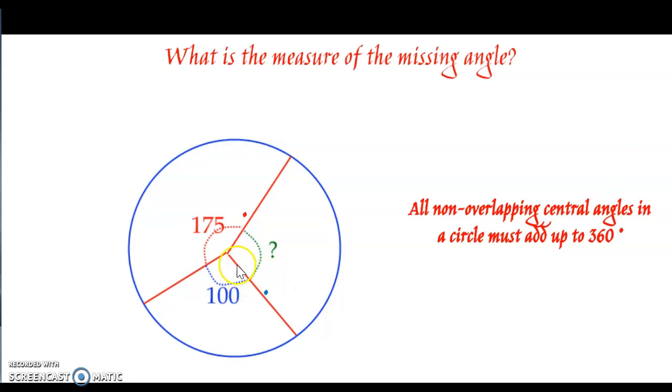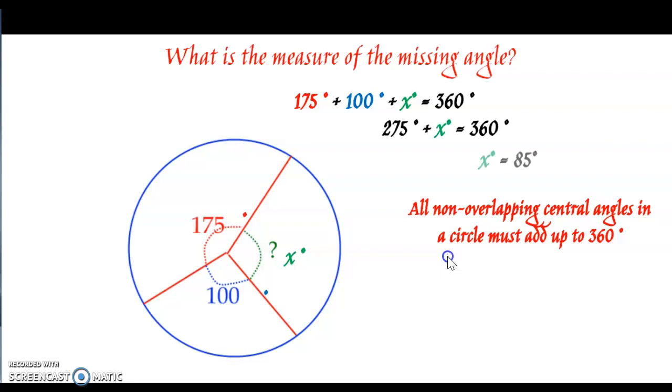What's the measure of this? You are given 175 degrees here, 100 degrees here, then what's the third angle? Well, non-overlapping central angles in a circle must add up to 360. So x is 85 degrees.